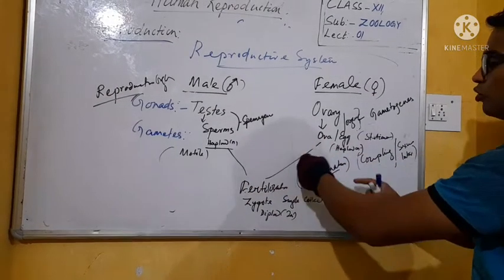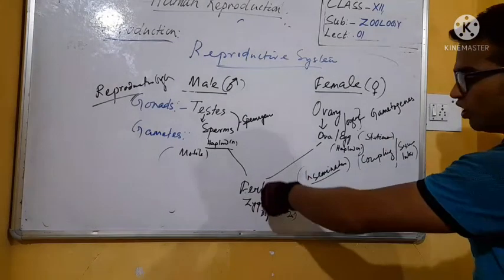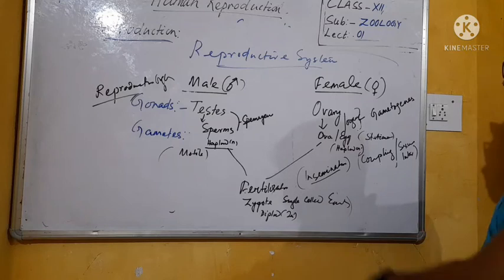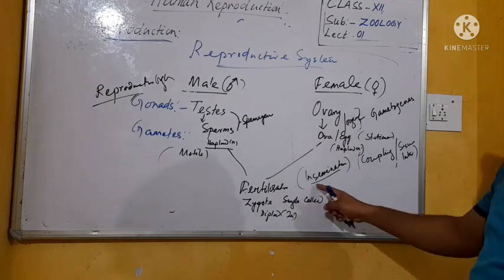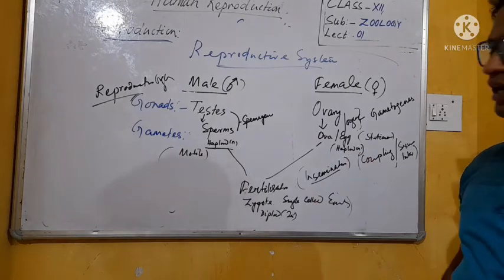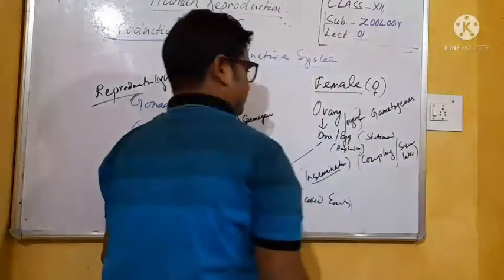Then sperm and ova fertilize to form zygote or single-celled embryo, which is diploid, in the process of insemination, through coupling or sexual intercourse.